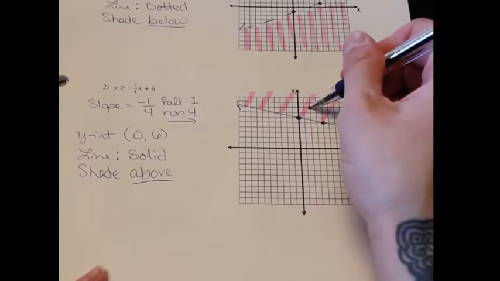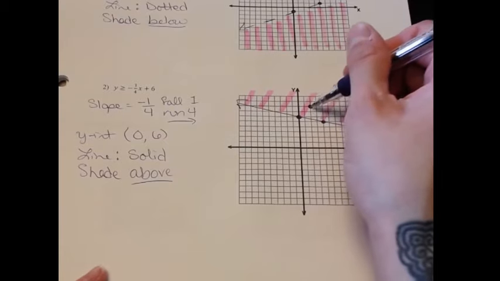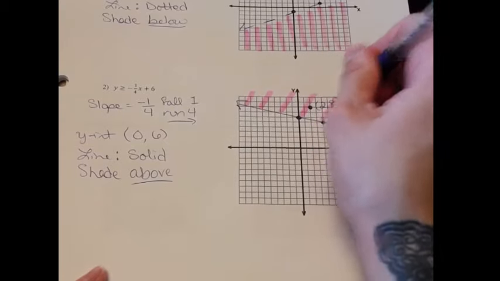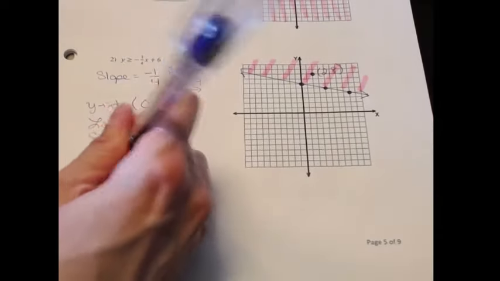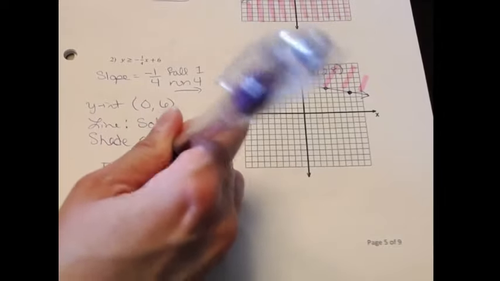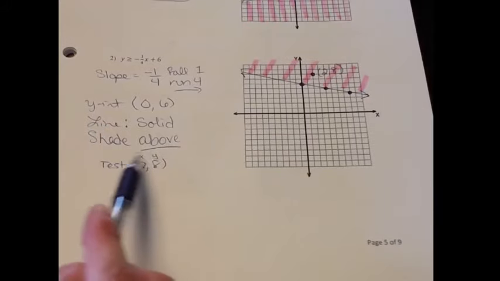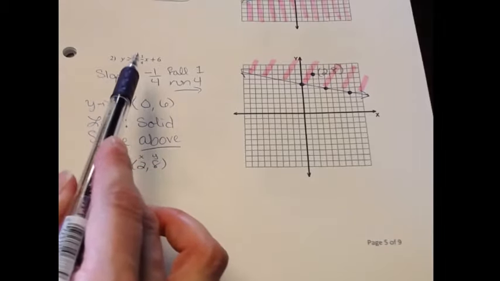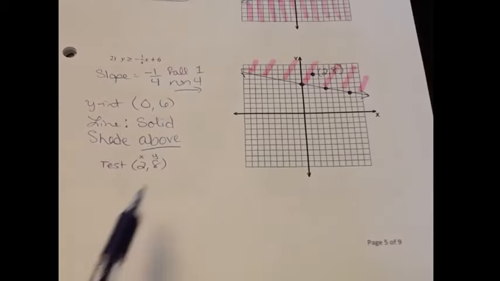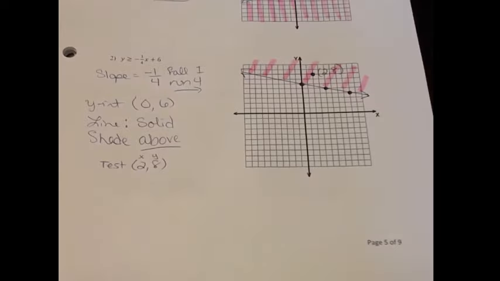This particular test point is (2, 8). Let me show you what this looks like. So let's test (2, 8). We're, again, trying to verify that we shaded the correct region. If I take these coordinates and plug them into my equation and prove that it's a true statement, then I did, in fact, shade the correct region. So let's prove it.